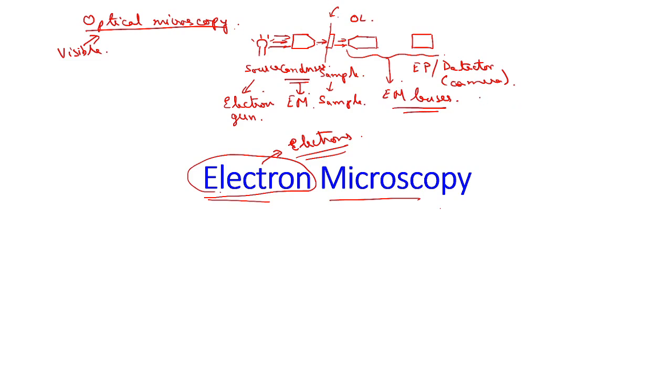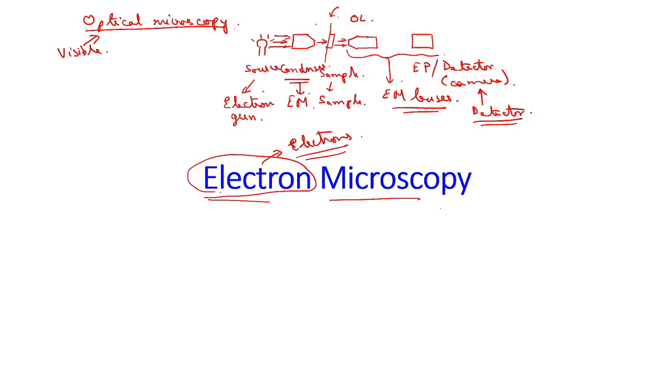Then we will be having a detector. The detector is usually a CMOS camera over here also, or you can have any other semiconductor array systems, which are capable of collecting the electrons and recording the intensity levels. Okay.